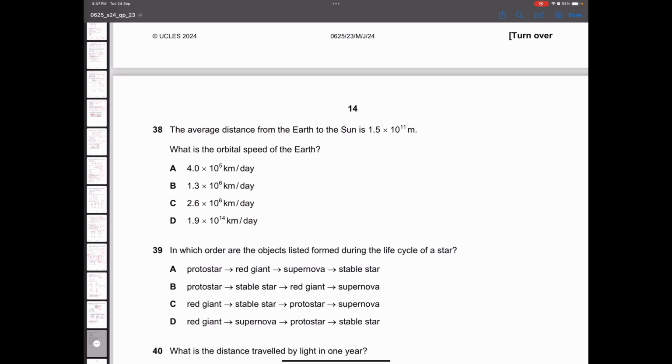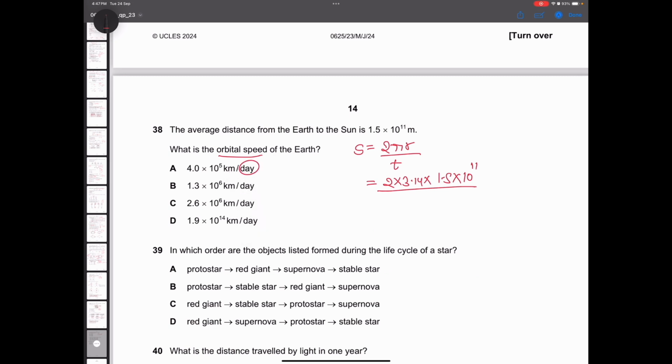Question number 38. The average distance from Earth to the Sun is given. What is the orbital speed? We know that orbital speed is 2 pi r by time, so 2 times 3.14 times 1.5 times 10 to the power 11 by time. You have to be careful here. They have mentioned days.